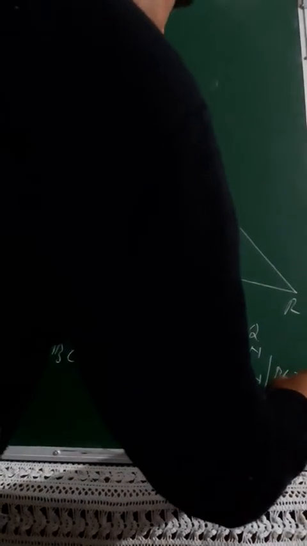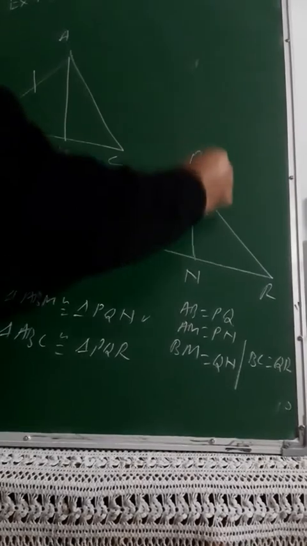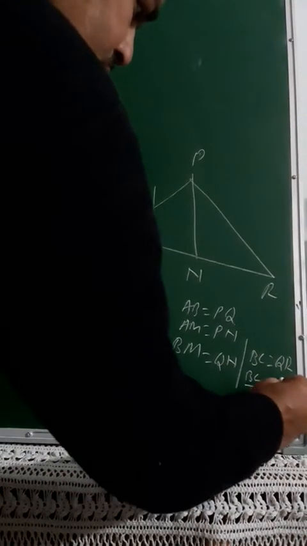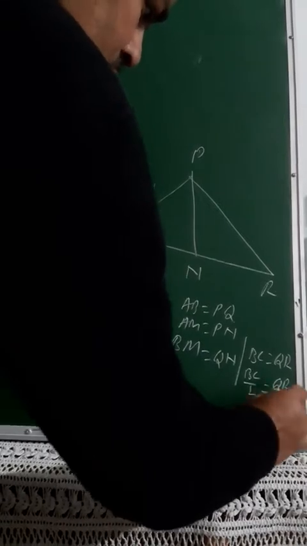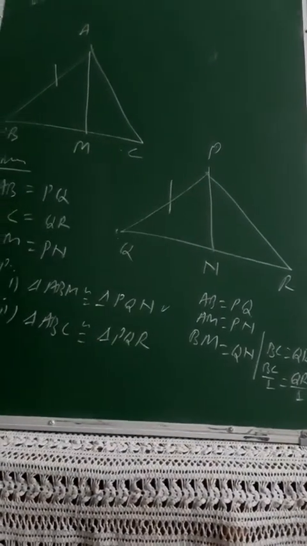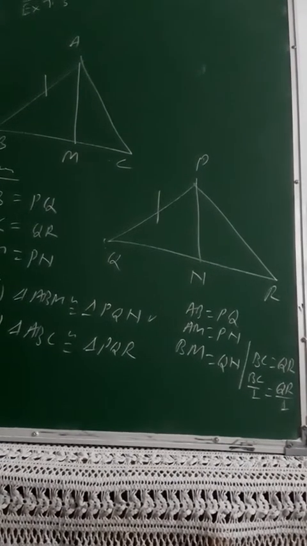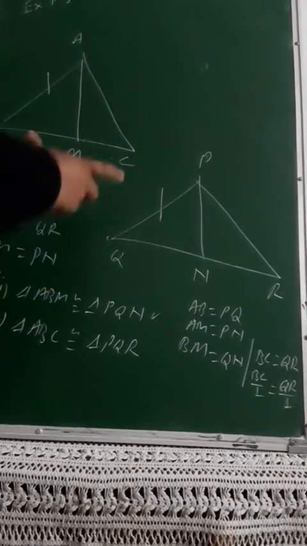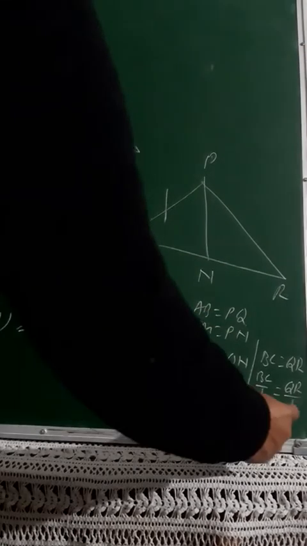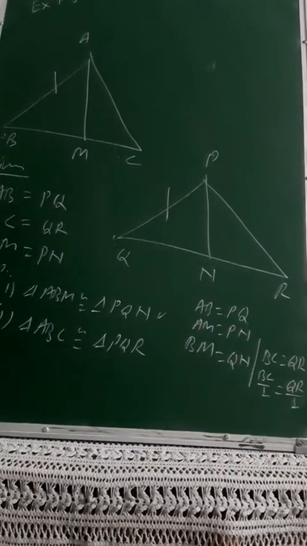Because BC is equal to QR. As AM and PN are the medians, half of BC will be equal to half of QR, because M and N are the midpoints. As you know the property of median that it bisects the base, so half of BC I can take as BM and half of QR I can take as QN. So BM will also be equal to QN.